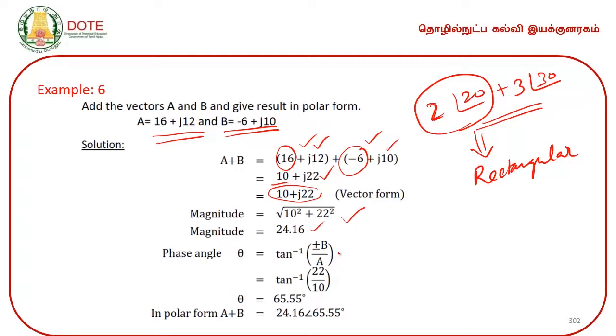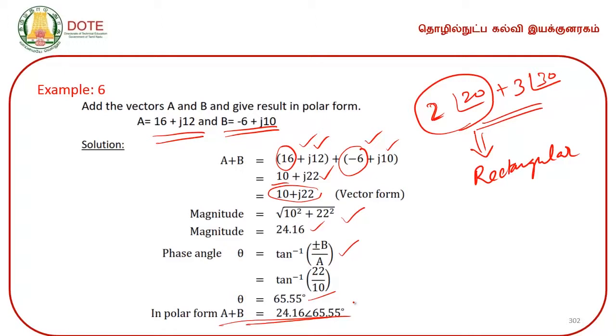Again we need to find the phase angle, theta is equal to tan inverse of b by a, which is tan inverse of 22 by 10, which yields an angle 65.55 degrees. So, in polar form, after this addition operation, we get a value of 24.16 angle 65.55.